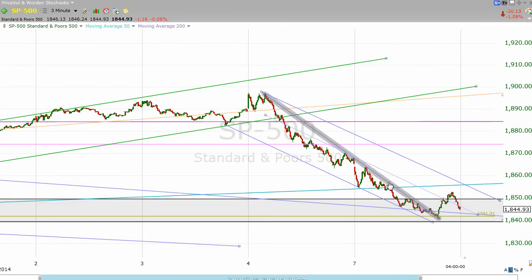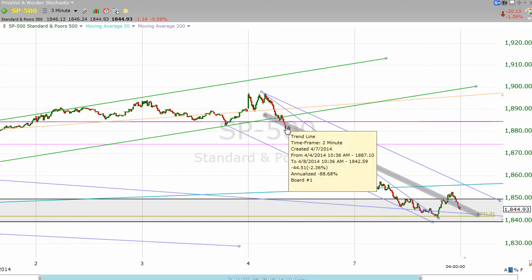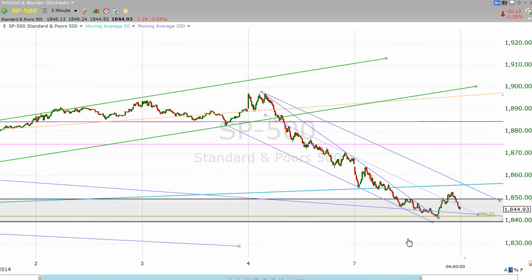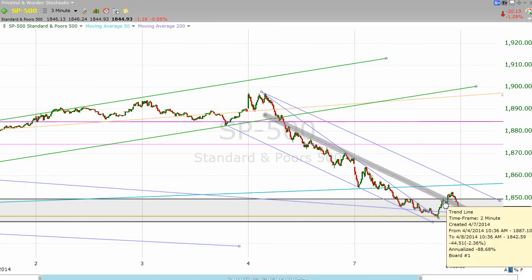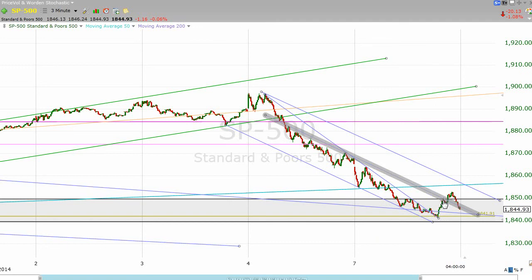We're above this wedge. If you think this is a legitimate wedge, we're above it. I also snapped a parallel line to some of these peaks that we saw from about midday Friday, and then we got a little tag right there near the end of the day. I'm just putting down possibilities right now to try to make sense out of what we've seen over the past 2 days.